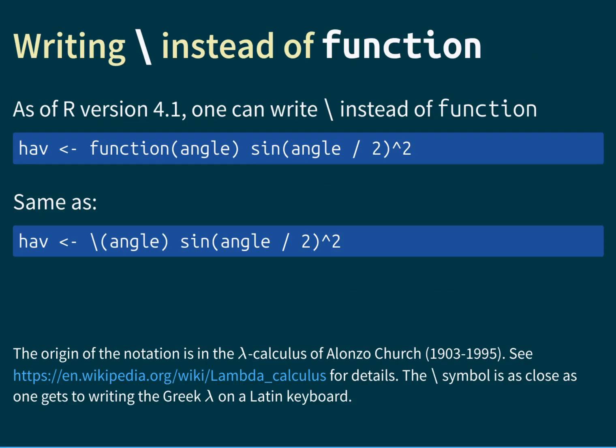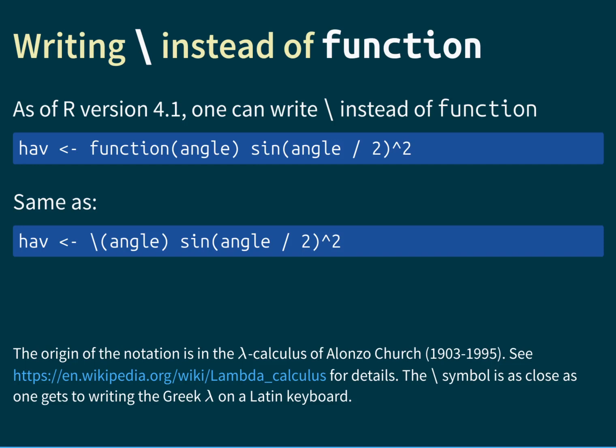One final comment. As of R version 4.1, there is a shorthand notation for writing out the keyword function. Namely, it can simply be replaced by the backslash symbol. So you see 2 function definitions on the screen. And if you're using R version 4.1 or higher, then the 2 are perfectly and exactly equivalent to one another. So it's just a way to save a little bit of typing.